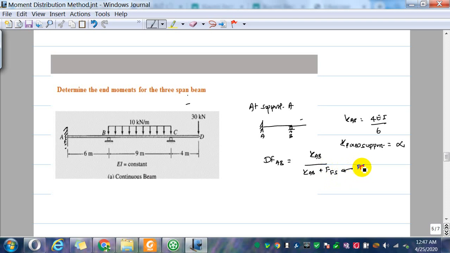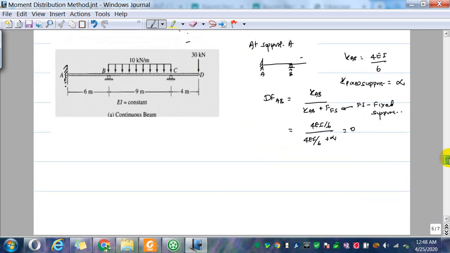So this is 4EI over 6 divided by 4EI over 6 plus infinity, which becomes 0. This tells us that when a member is connected to a fixed support, the member will not carry any moment. The entire resisting moment is carried by the support, because it has enormous bending stiffness.